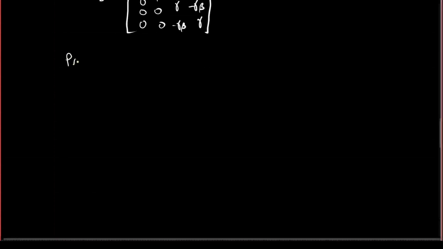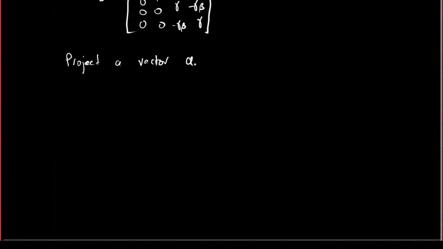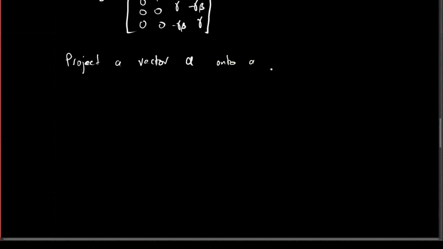If we want to project a vector, say A, onto a bivector plane, say B, then it'll be a projection onto the plane. I guess you could call it A parallel. It will be the simple dot product. That's what I said it was.